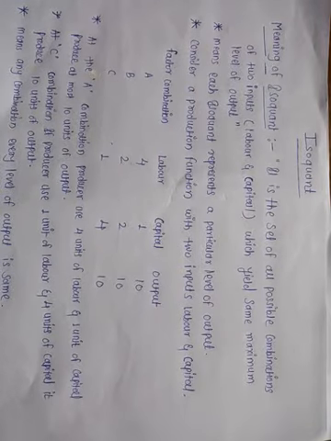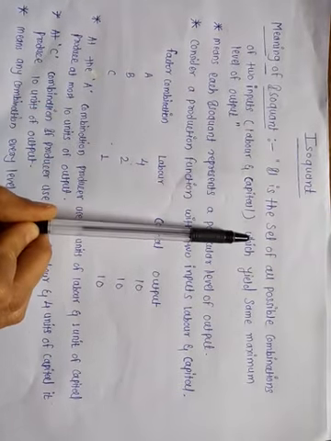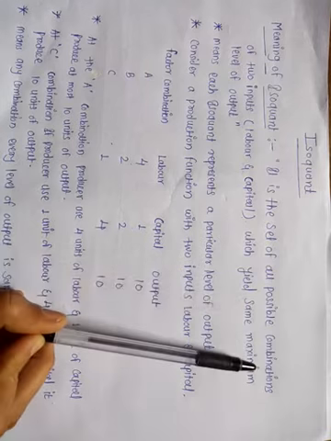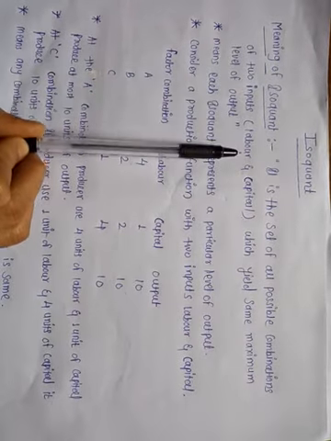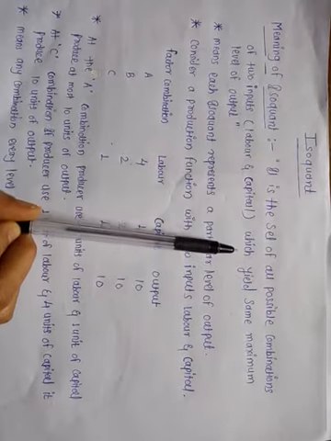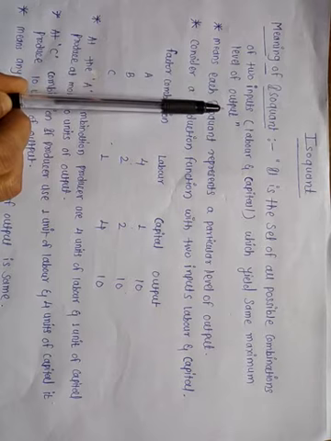Then what is an isoquant? An isoquant is the set of all possible combinations of two inputs, that is labor and capital, which yield the same maximum level of output.